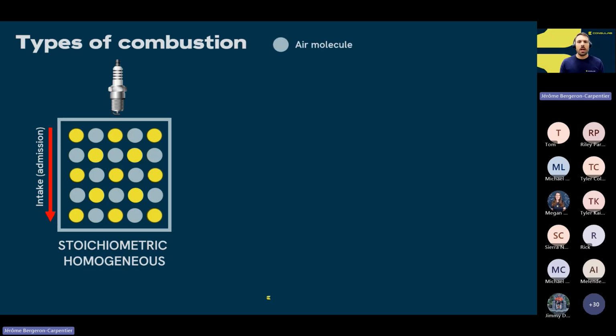Those bluish dots represent the air molecules, and those yellow dots represent the fuel molecules. We can easily see that the mixture is composed of equal amounts of air molecules and fuel molecules. Those molecules come inside the chamber while the engine is in the intake.